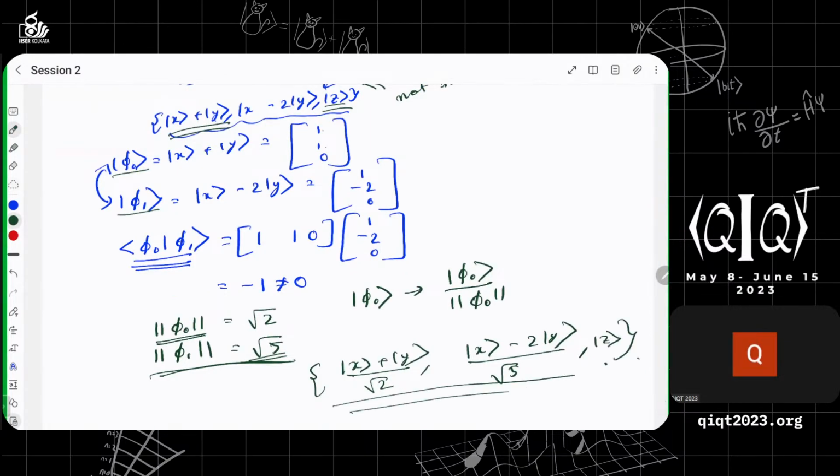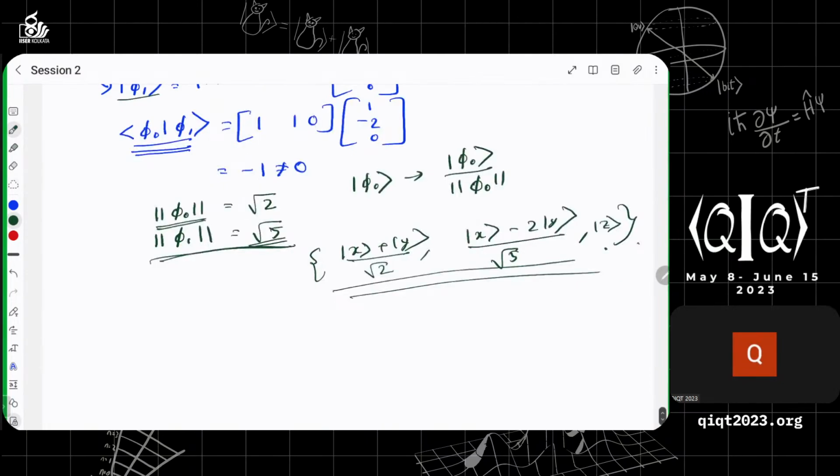So we have thus normalized the basis vectors. This process is called normalization, or making the norm 1. This is something we would have to do repeatedly in quantum mechanics, and in quantum computation also. So this is something very important.